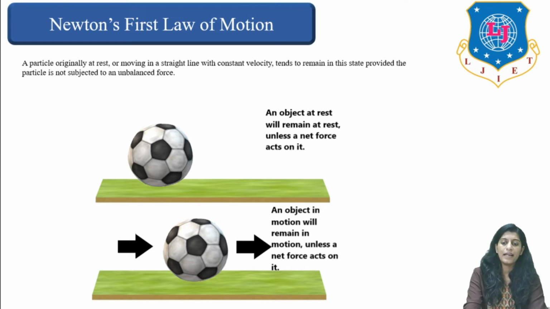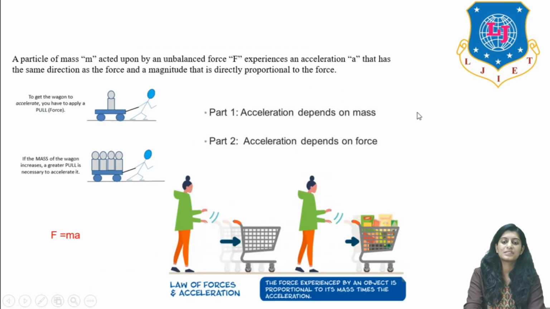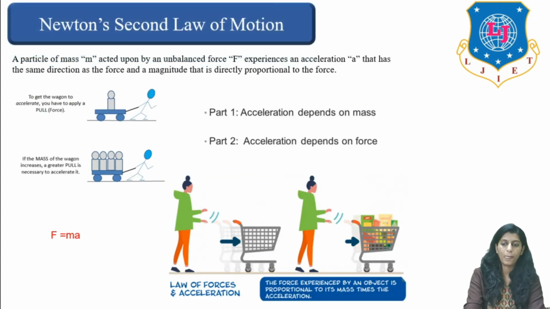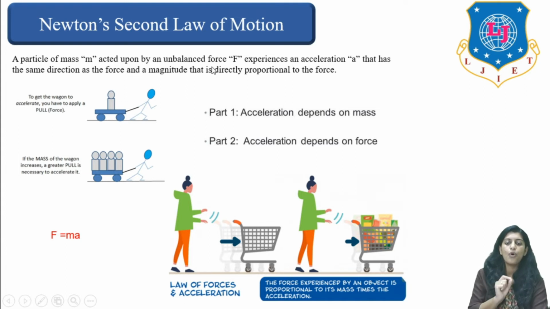Now moving ahead to Newton's second law of motion. So what does Newton's second law of motion state? Let's see: a particle of mass m acted upon by an unbalanced force F will experience an acceleration a that has the same direction as the force and a magnitude that is directly proportional to the force. Clear?